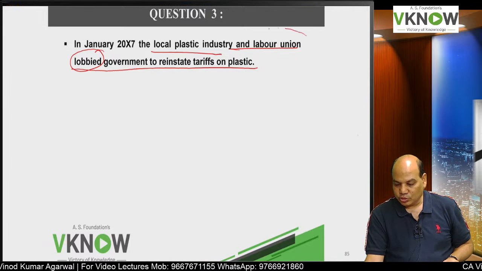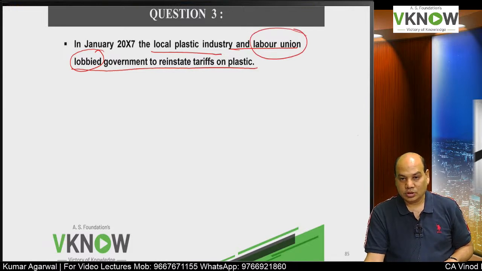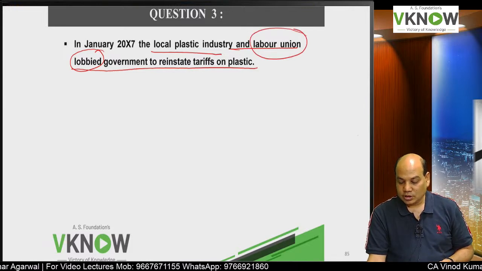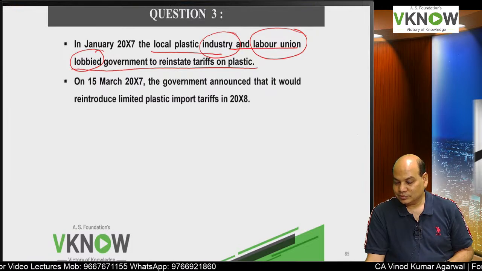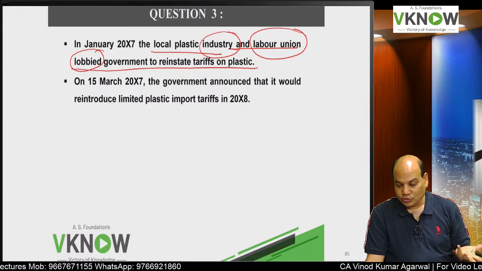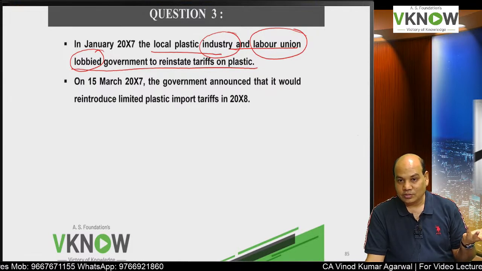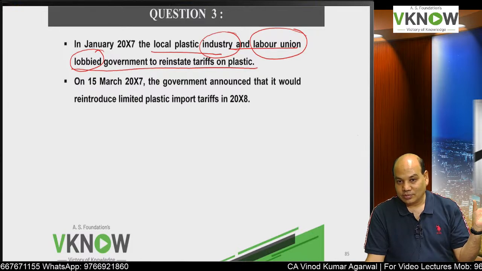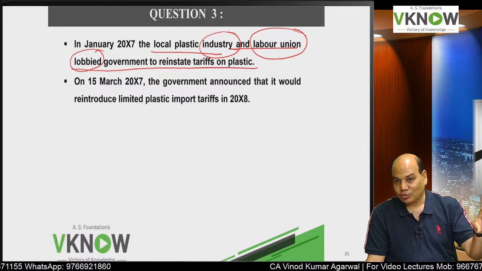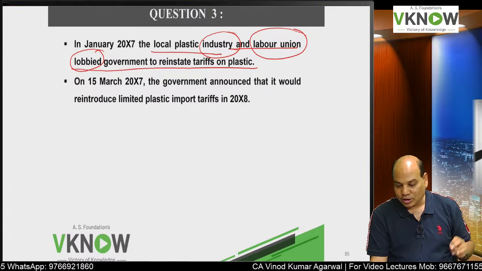And when you take the labor union along, they are the vote banks, and the industrialists are the money banks. So what will the government do? Sometimes they will listen, because the government wants to remain in power for a long term, and they require money power and voting power both. Don't write this in the exam.